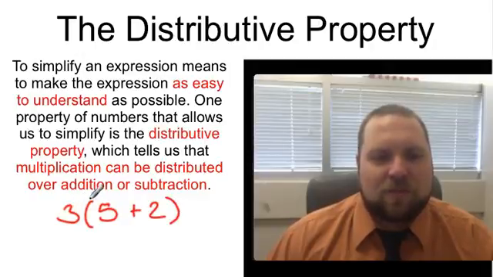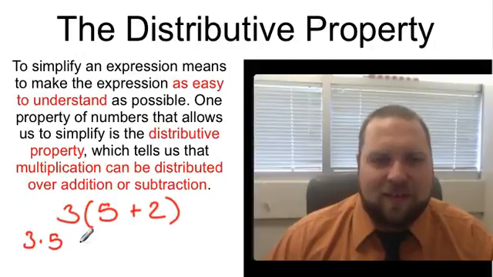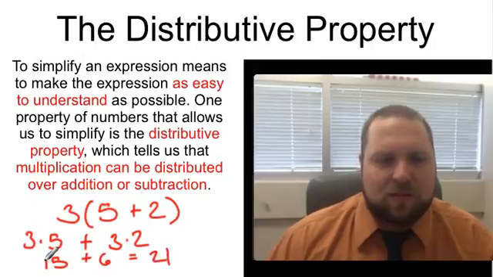If I have multiplication and it's being multiplied over an addition or subtraction problem, doesn't matter if this is plus or minus, I can rewrite that as 3 times 5, and then whatever this was, a plus sign here, and then 3 times 2, and so this is really just 15 plus 6, or 21.